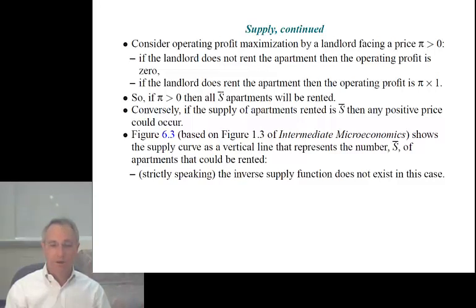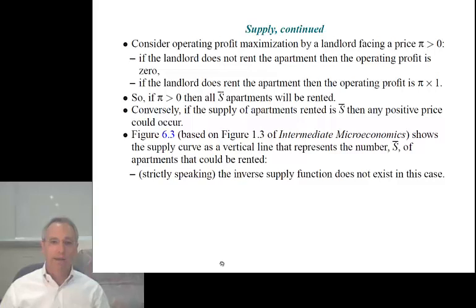So what's a landlord going to do? Clearly, each and every landlord is going to rent out their apartment if the price is positive. So if all prices are greater than zero, all S overline apartments are going to be rented. Conversely, if the supply of apartments rented is S overline, then any positive price could occur.